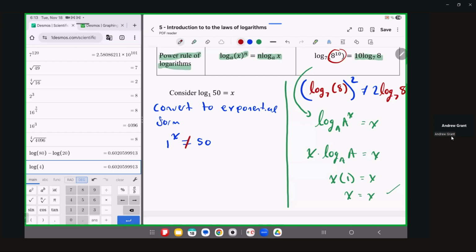And in truth, if the base was, say, 0.5, this would have a solution. In that case, your exponent would have to be some negative number. So if we had, say, log base 0.5 of 50, we could evaluate this as log of 50 divided by log of 0.5.